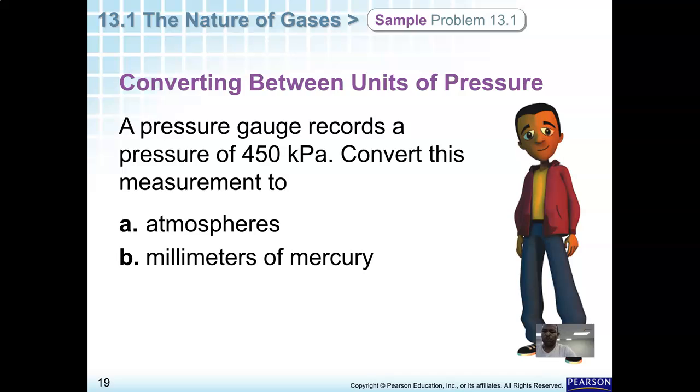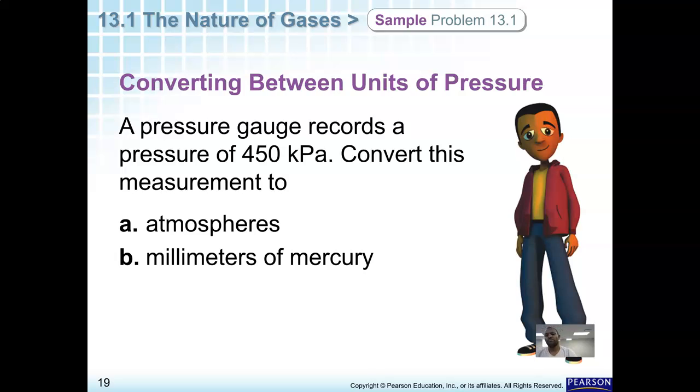Now, once we know that we have different units of pressure, we have to be able to convert one unit of pressure to another unit. For example, convert 450 kilopascal to atmosphere and millimeters of mercury. In the case of a word problem with numerical issues, remember to follow the 3 steps.